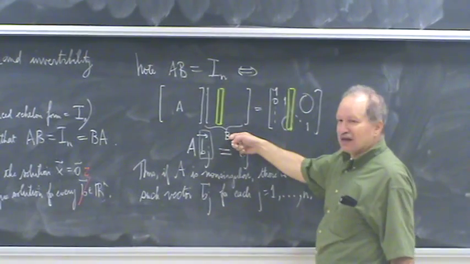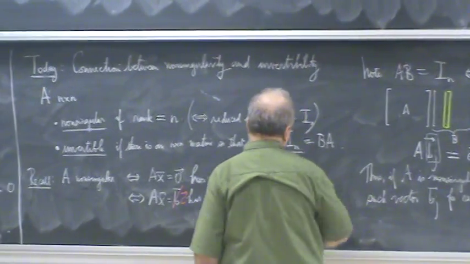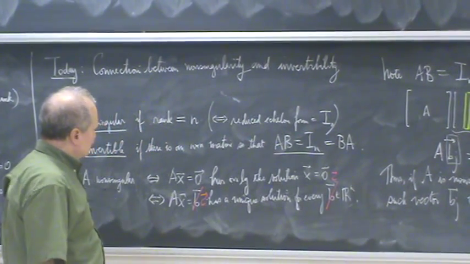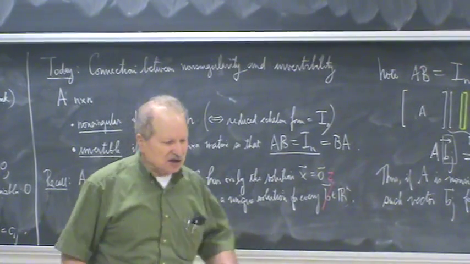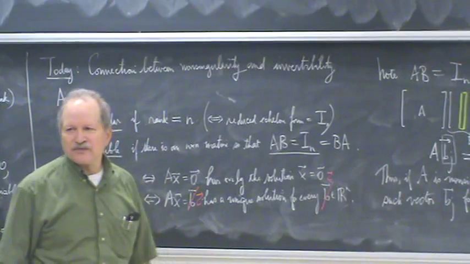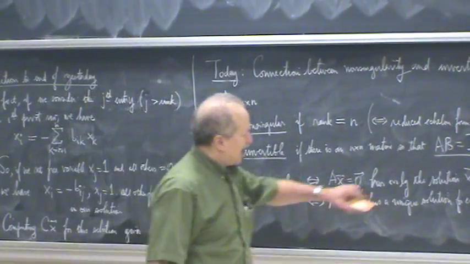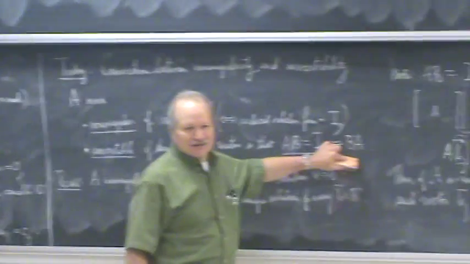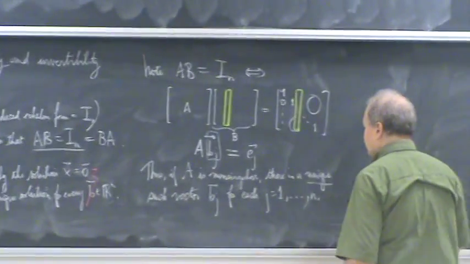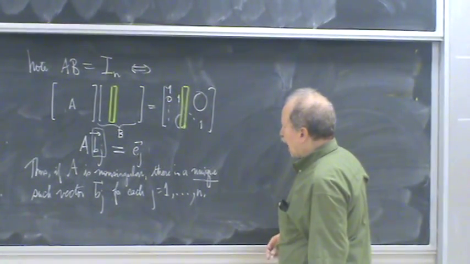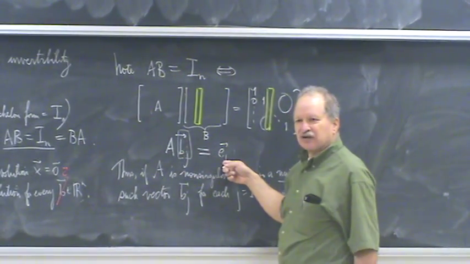That means you found a B that satisfies A times B equals the identity. So it looks like we've shown that a non-singular matrix is invertible. But have we really? I haven't shown you this. Now, let's actually try to do a numerical example of this. How would you actually, in real life, solve A times some vector equals a vector? What would you do?